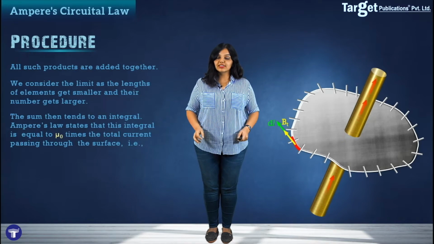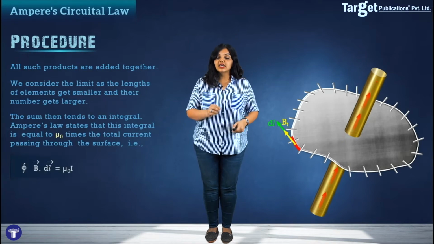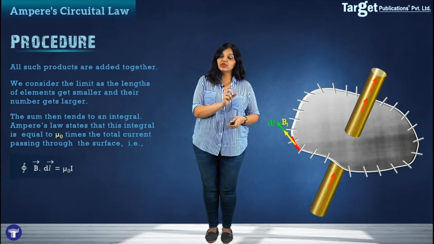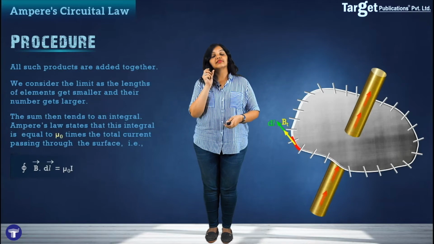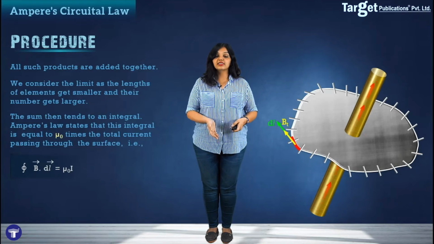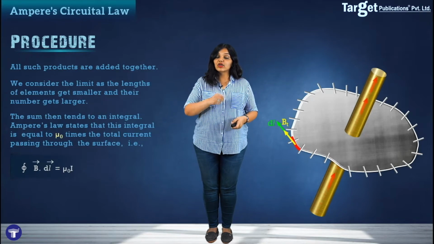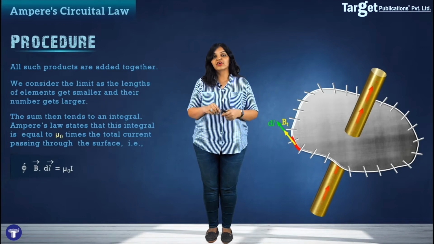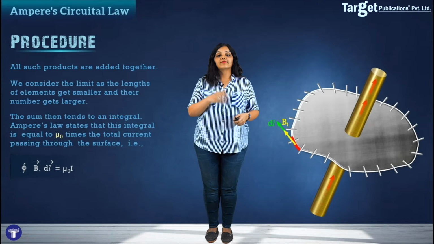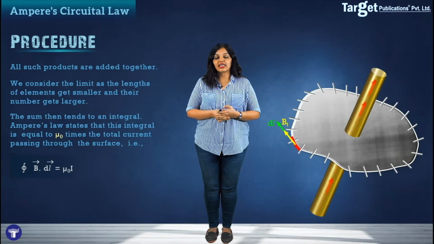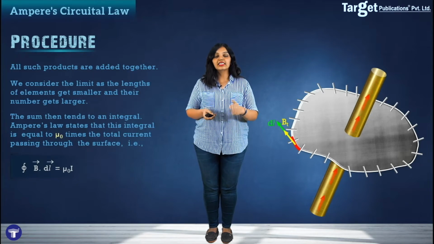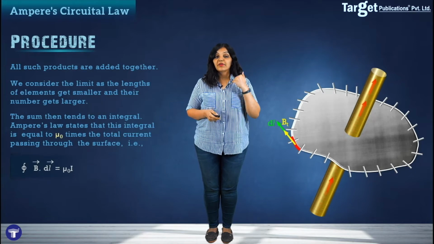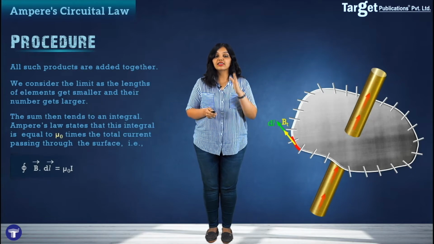So in the simplest of words, it means that the integral of B dot dl is nothing but the product of the tangential component of the magnetic field and the length of the element, as I just stated, and we have taken an integral over a closed boundary. That is, we did it for all the line elements of the boundary of the surface we have considered, and on the other side I have mu naught times I, where I is the current enclosed by the boundary, or you can say I is the current passing through the surface, and this is Ampere's law.